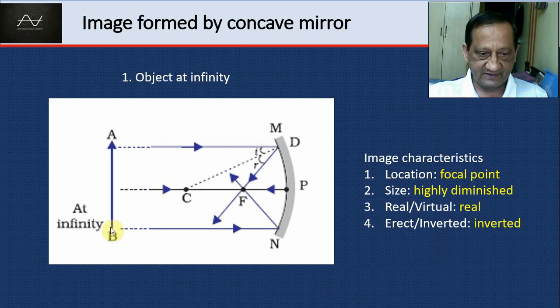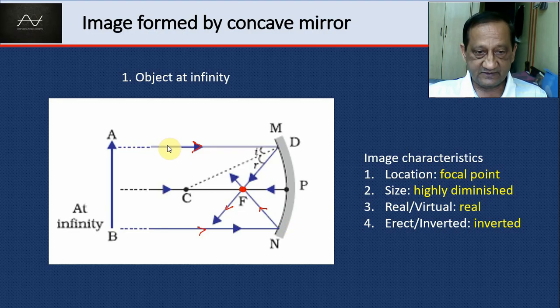Here, this object AB is at infinity, so the rays of light are all parallel to the principal axis. This one comes and passes through the focal point. Similarly, this one passes through the focal point. They intersect at this focal point. A point image is being created.